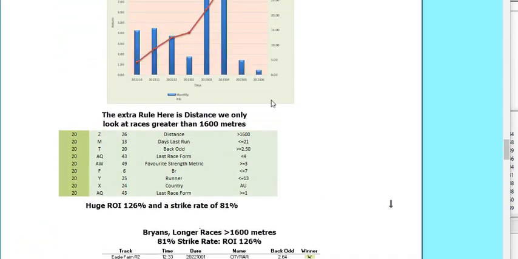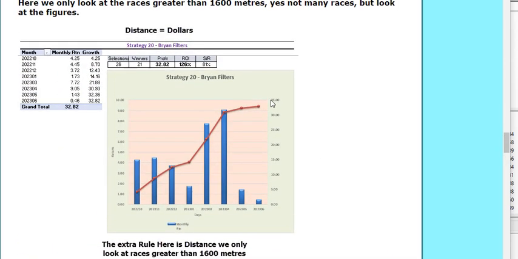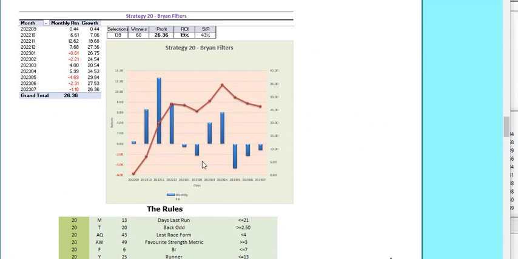So that is just one of the strategies, and we can see here this is the payment strategy from that one down below. So it made 32 units profit. So if you're using a $10 bet, that's $320 that made in the 9 months that the bot was running that. But there was a broader version.